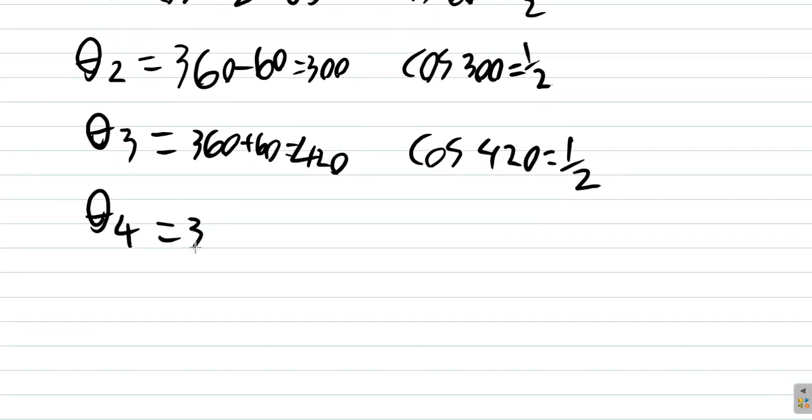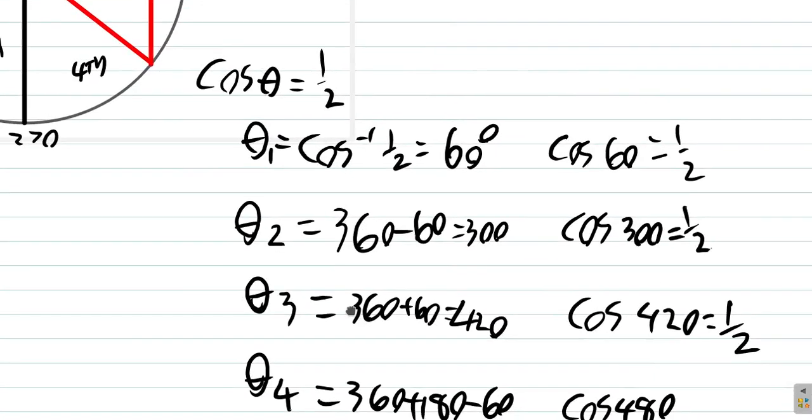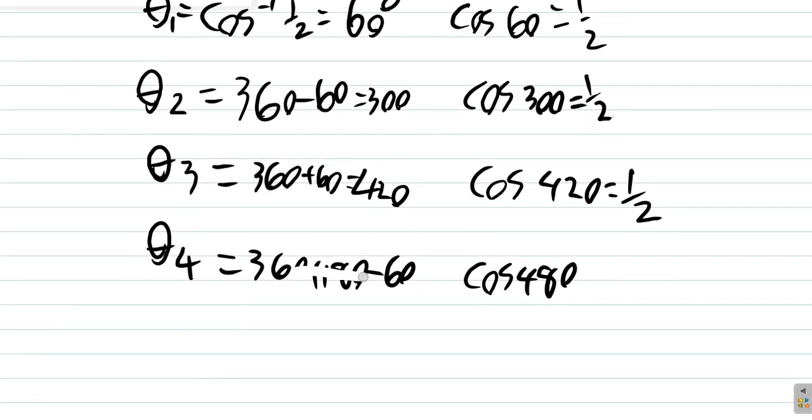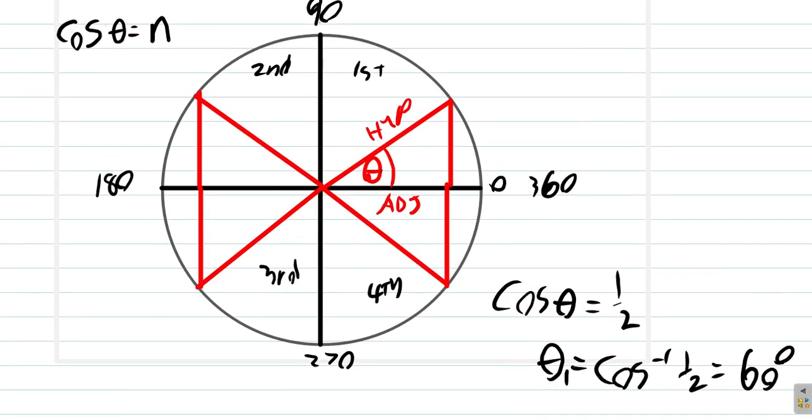What does that give you? 480. What is the cosine? Oh no, I had stopped in the second quadrant. Let's do that again.